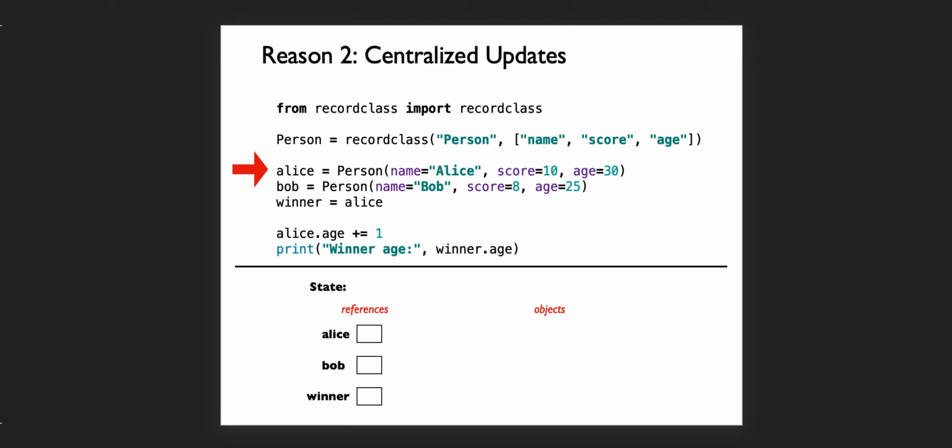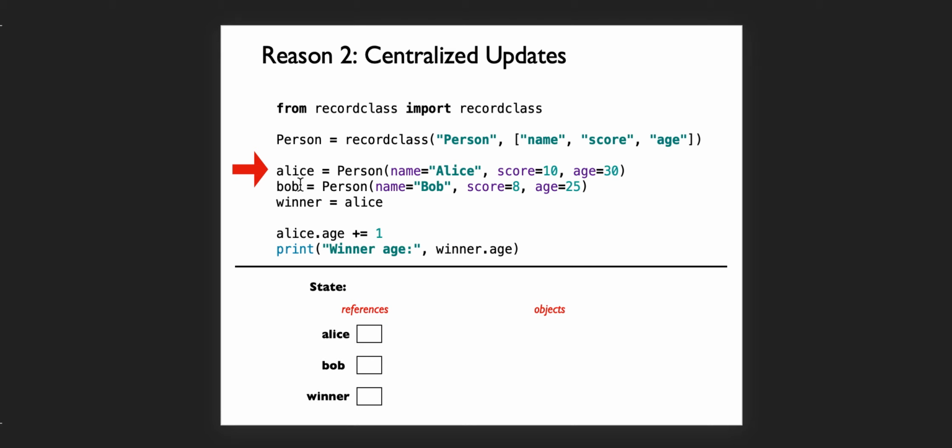So for instance, suppose we create a person using the data type person that we can create using record class over here, and we instantiate the person type for a player called Alice, and then we give Alice a score and an age, and say for another player, Bob, we create another instance with the corresponding score.